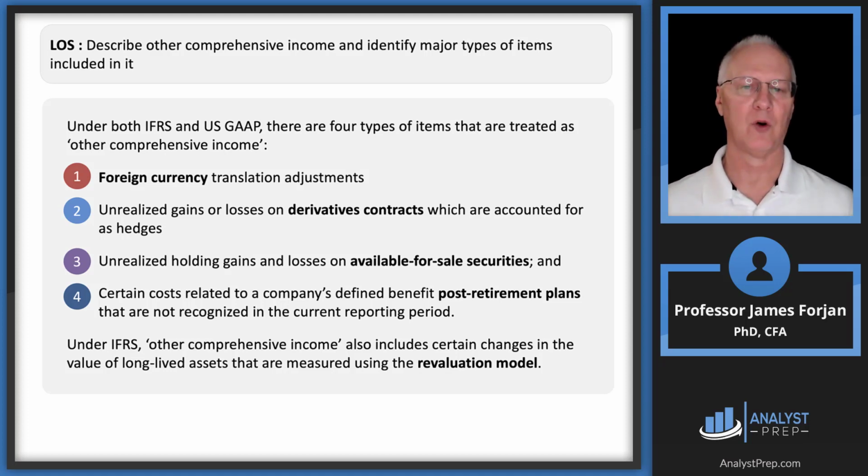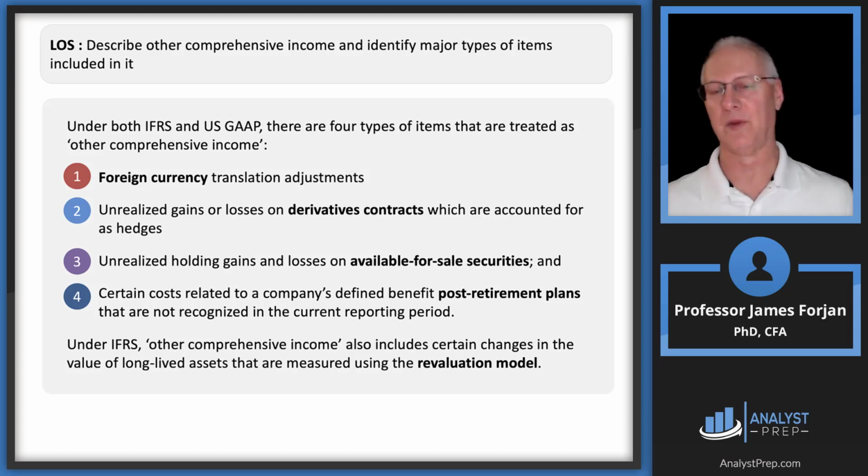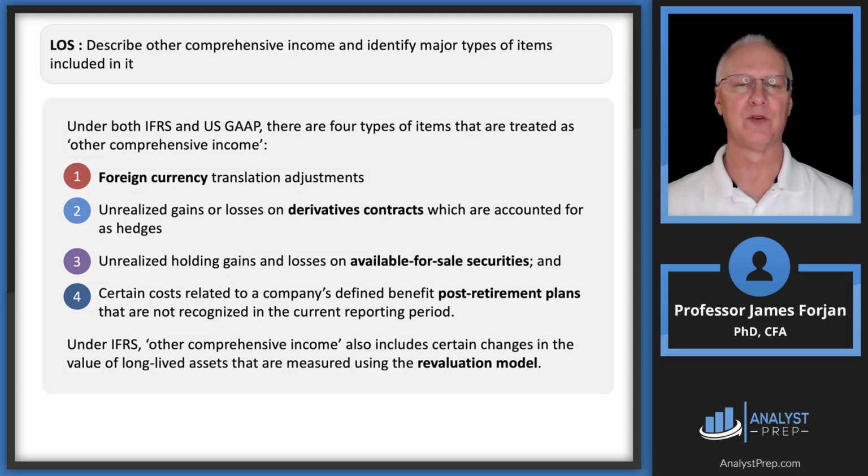Remember that these corporations use forward contracts on their international transactions, and so there's going to be a foreign currency translation adjustment for stuff that goes on today, but then they use a derivative like a forward contract or maybe even an option or a futures contract. And so they have to report those gains or losses, and sometimes they're realized and sometimes they're unrealized.